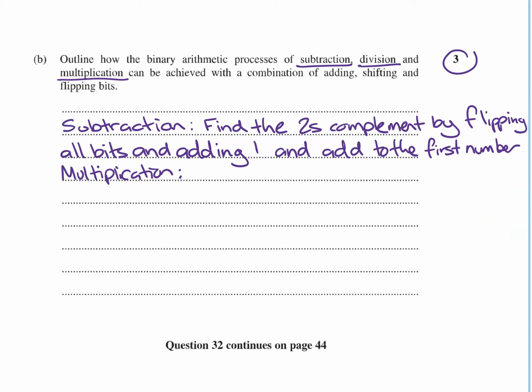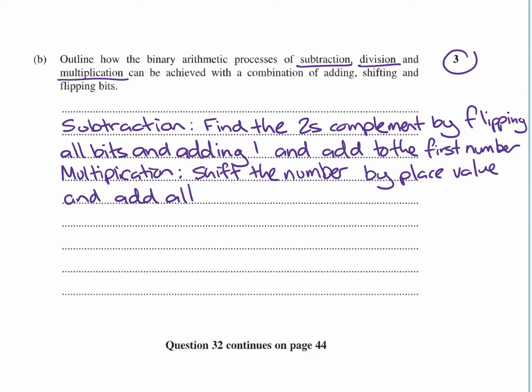So multiply by place value, and add all the numbers together, and then we have division.